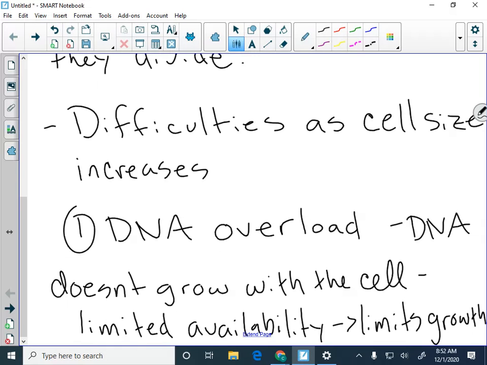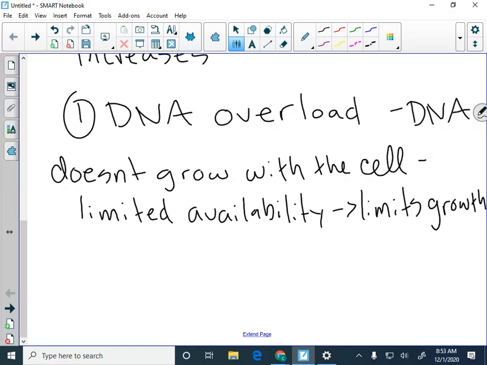So if there's not enough information to keep a big cell going, the cell will divide. Each of them has their own set of DNA, and there won't be that information overload. Or, I guess, DNA demand overload, if it helps get things straight.